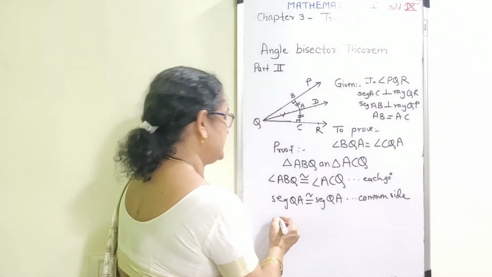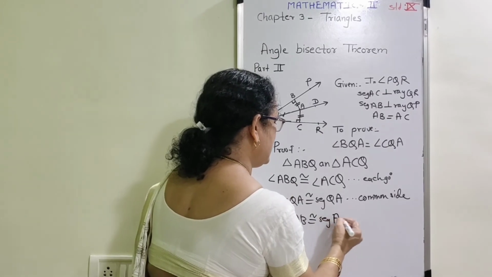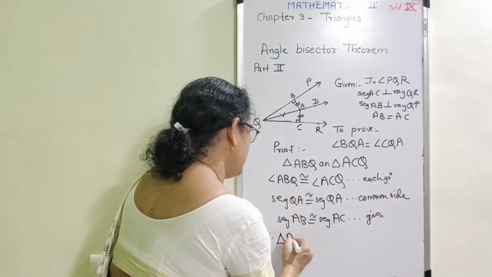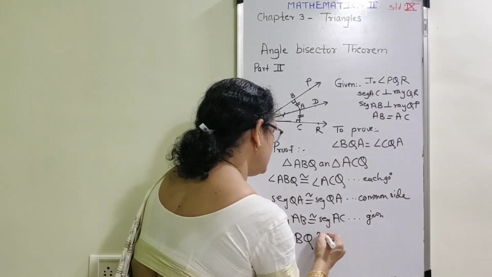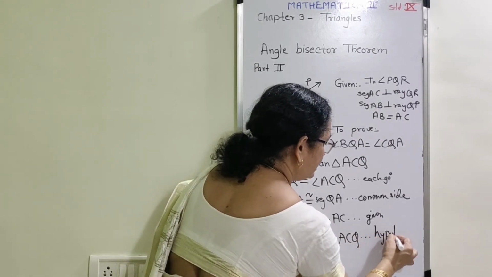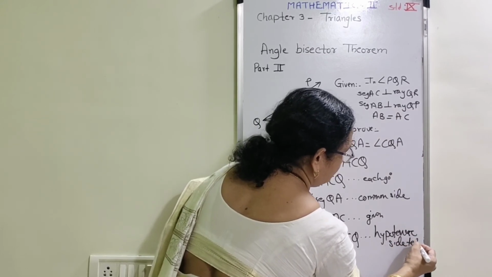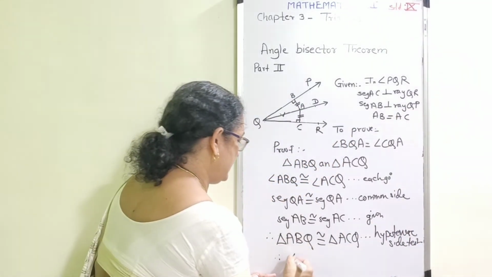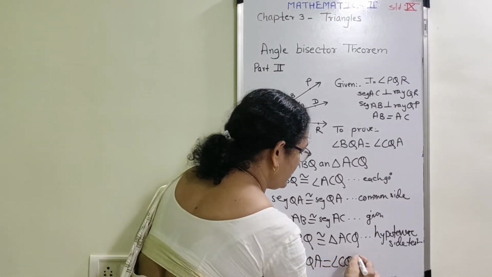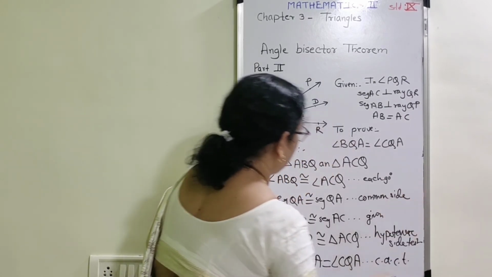Now, also segment AB is congruent to segment AC, which is given, and therefore triangle ABQ is congruent to triangle ACQ by hypotenuse side test. Now, therefore, angle BQA is equal to angle CQA, which are corresponding angles of congruent triangles.